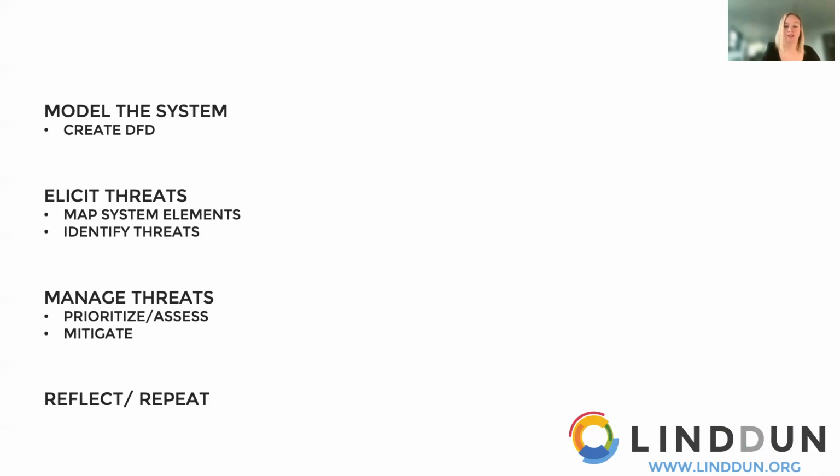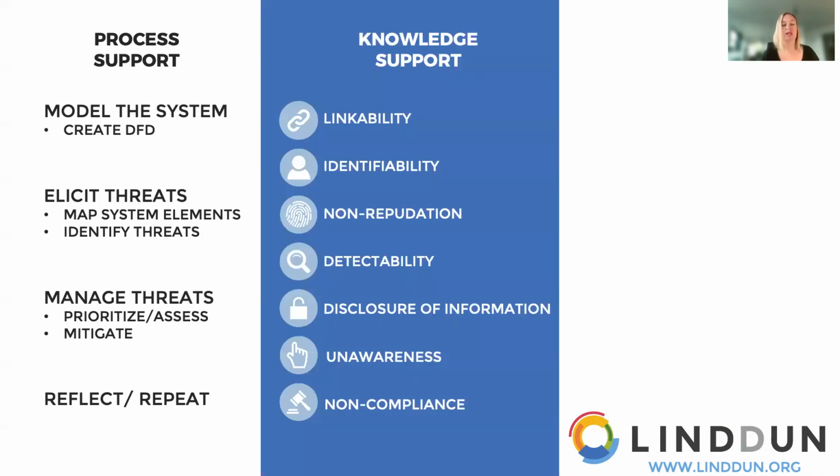Then you elicit threats. Of course, you need to know how to systematically do that, but you also need to know what privacy issues you're actually considering. So, in addition to the process support, LINDDUN provides knowledge support structured according to the 7 threat categories captured in the LINDDUN acronym.